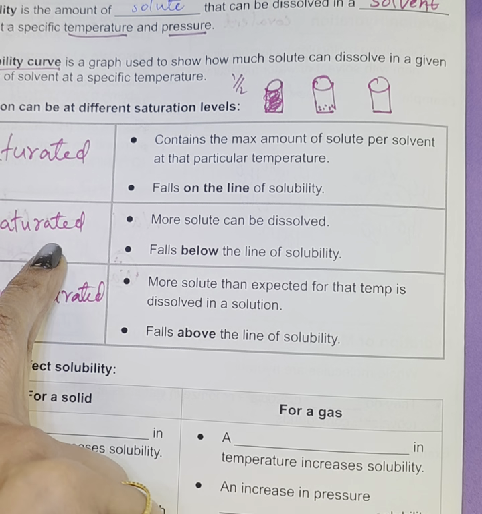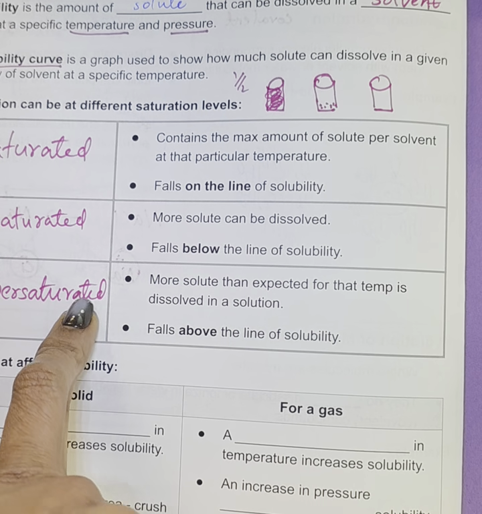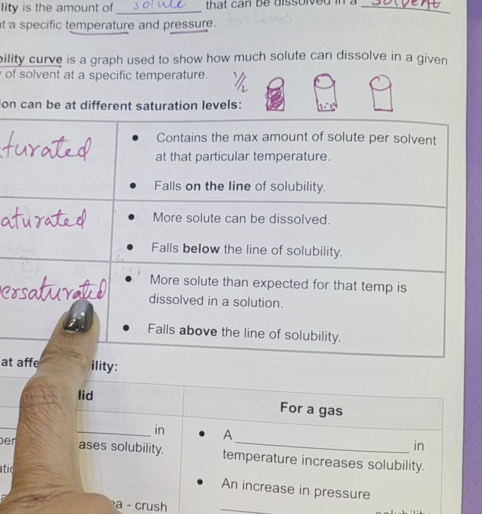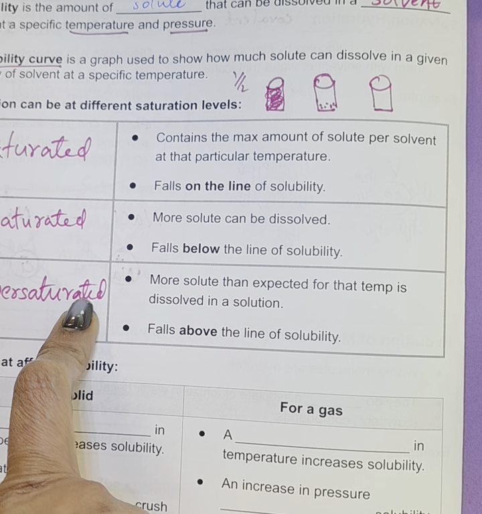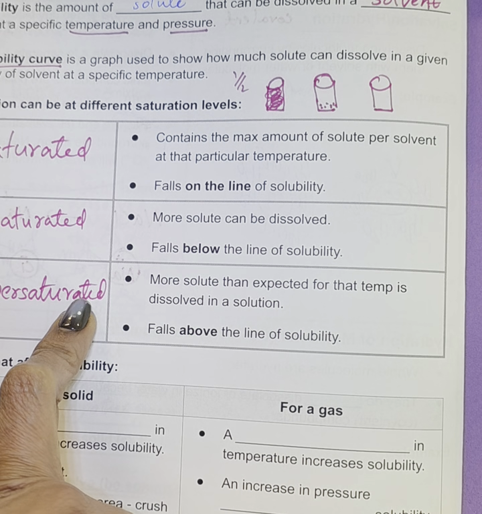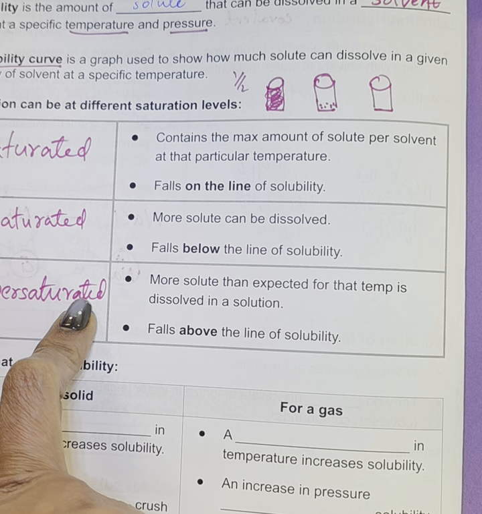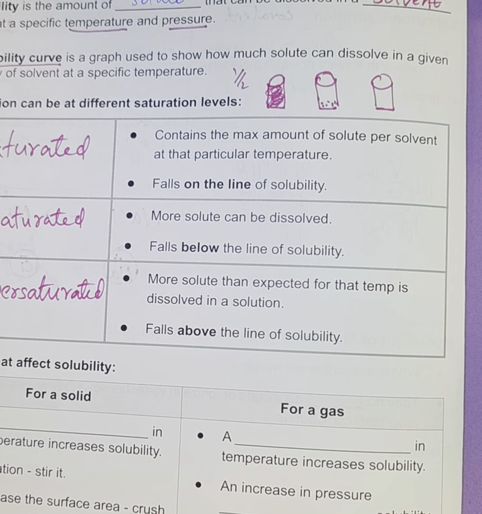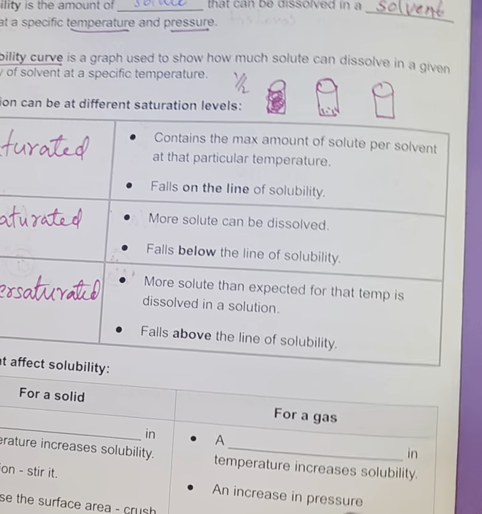That type of solution is called an unsaturated solution. Supersaturated means I added 20 gram there and heated the water, boiled the water for 10 minutes, and made all the solute dissolve and cooled down to room temperature. It is an unstable solution because it dissolved so much solute, and that is called supersaturated. And you will understand more from the graph in a minute.